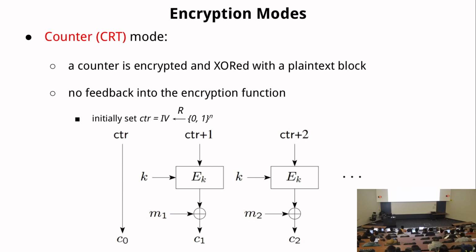So let's say the counter at the beginning is 100. Then for the first 16 bytes, we get a counter of 101. We encrypt 101 using the key and get the output. Then we use the exclusive OR on the plain text message and the result of the counter encryption, and we generate the cipher.